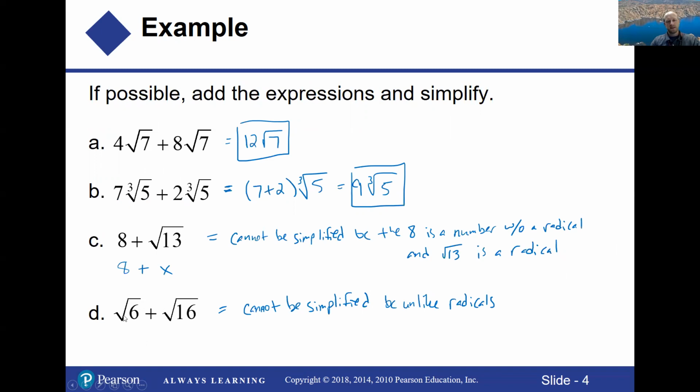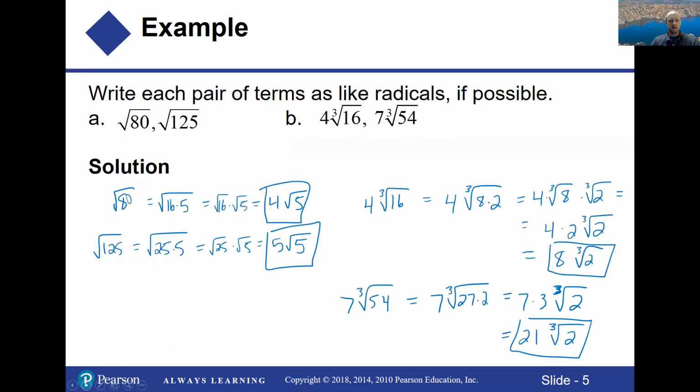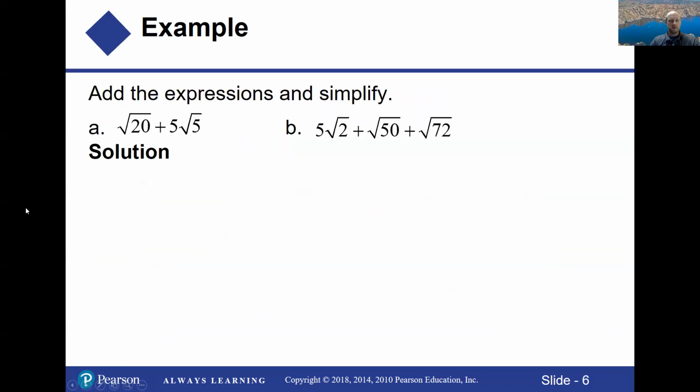I guess in D, I could have said that this is square root of 6 plus 4, but they still wouldn't have been like radicals. Actually, I'll write that down here, right? So I could have had the square root of 6 plus square root of 16 is 4, but they're still not like radicals. It would become like what C was there. But again, they have to end up having the same index, same radicand if I want to go ahead and add those and keep the coefficients.